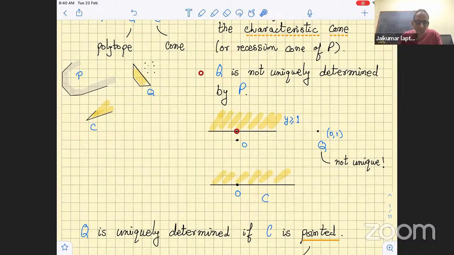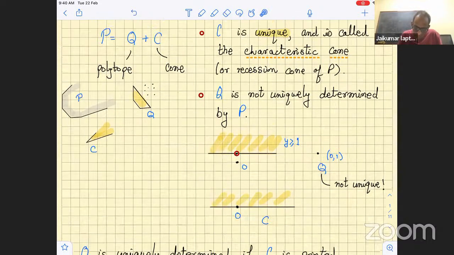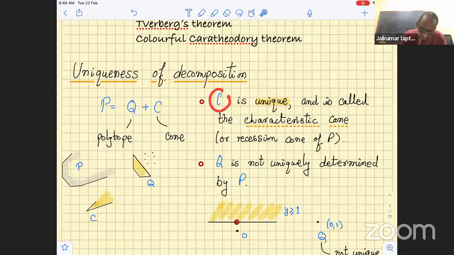So this minimality trick doesn't settle the matter. It turns out, however, that the cone is already unique. So you don't have any flexibility in terms of cones. The cone is always unique.